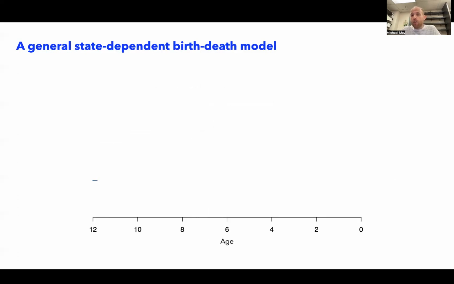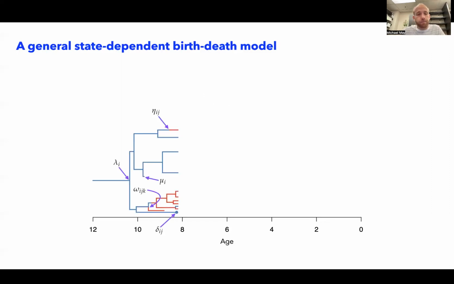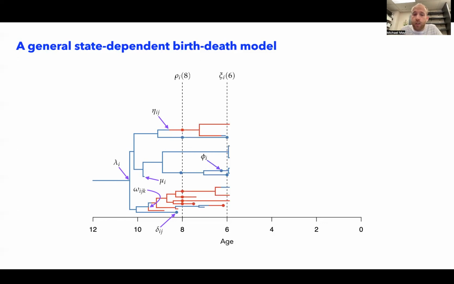So a simulation under this model might look something like this. We'll start with one lineage in the blue state. We'll evolve it forward in time and it will have speciation events, anagenesis events, extinction events, and cladogenesis events. This is a treatment event, a sample that is also an extinction. There will be mass sampling events. Here, red lineages are more likely to be sampled than blue lineages.